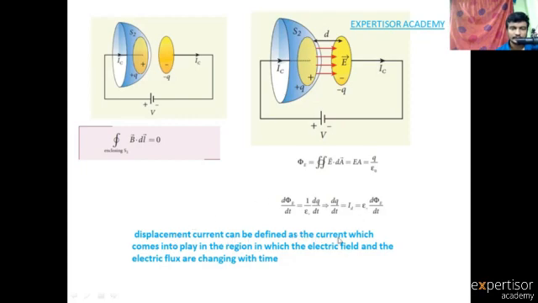Displacement current can be defined as the current which comes into play in the region in which the electric field and electric flux are changing with time.